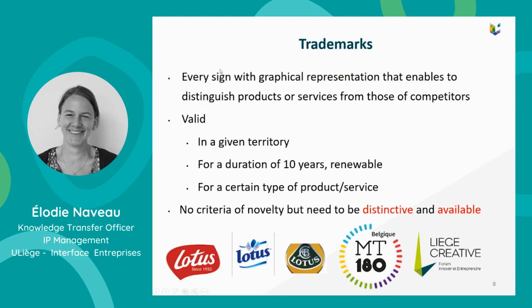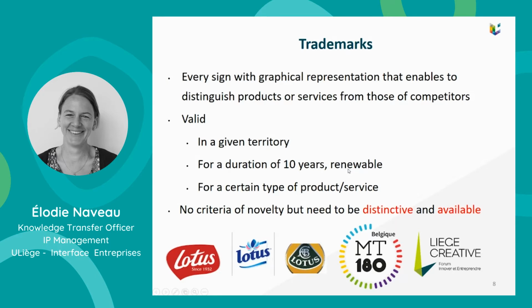This tune, you can represent it with music notes. And so this sign can be a trademark. You can have names, but you can also have logos. It is valid in a given territory. So when you ask for the protection of a trademark, you will ask for a specific territory. The duration of protection is 10 years. It is renewable anytime.